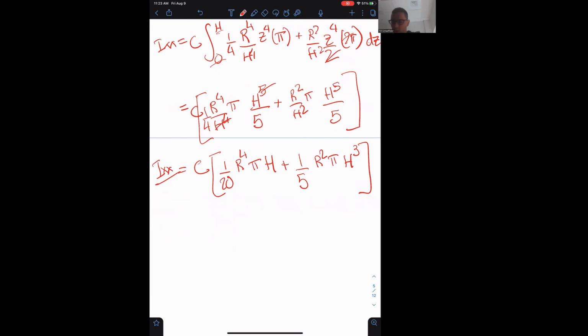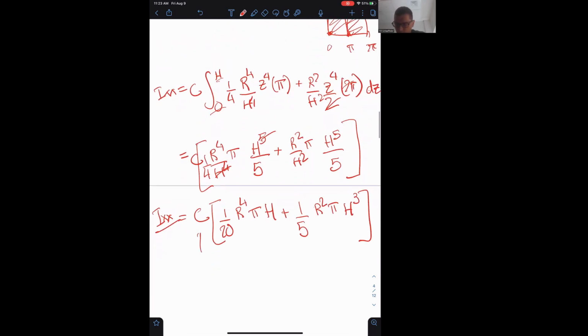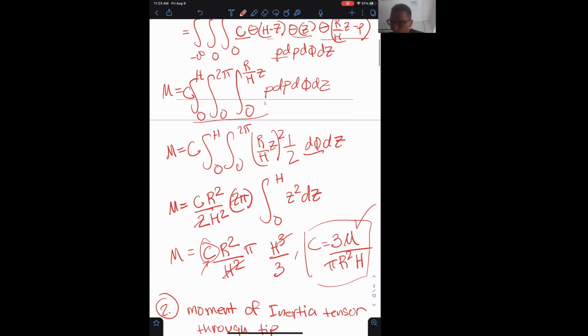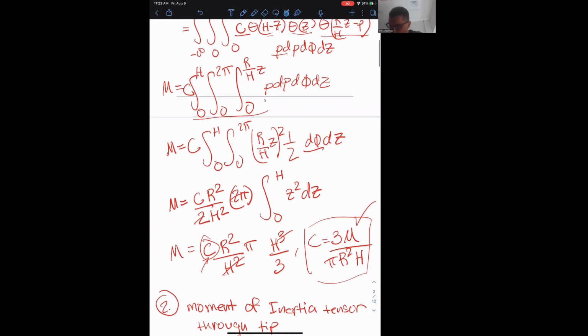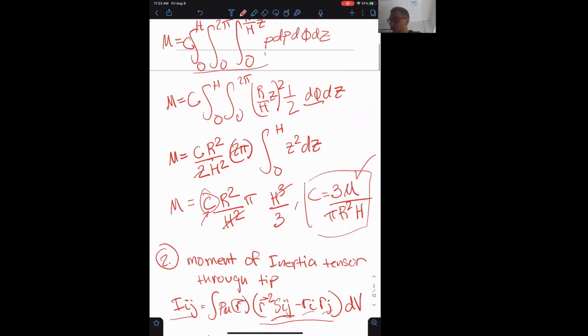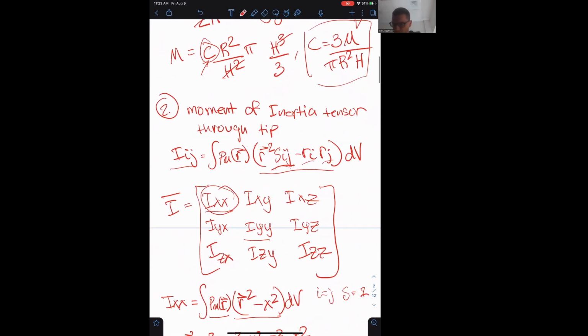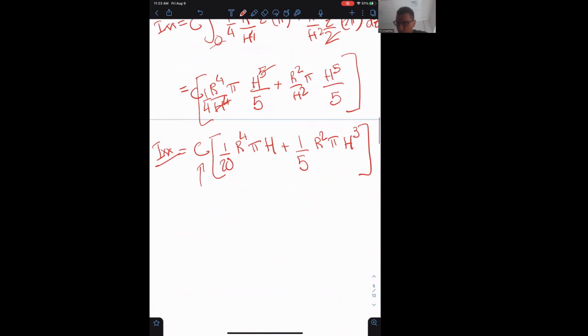Now we're going to plug in the c from earlier. That c was equal to 3m over pi h.